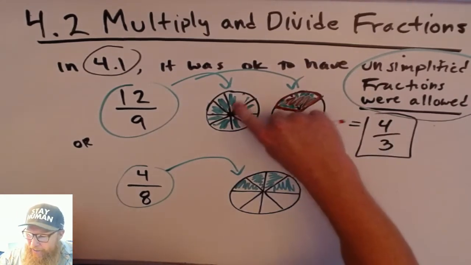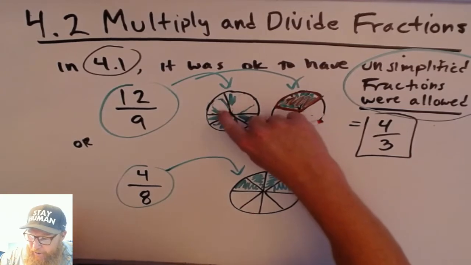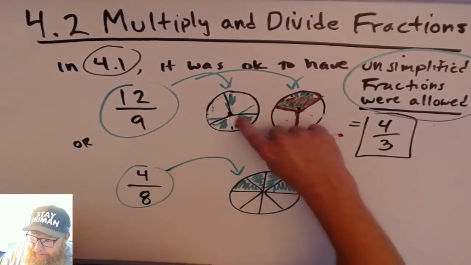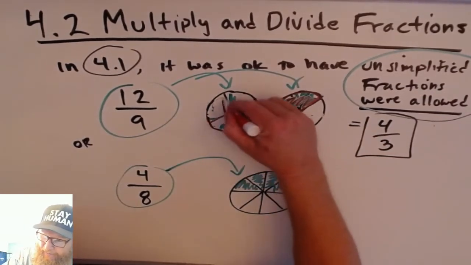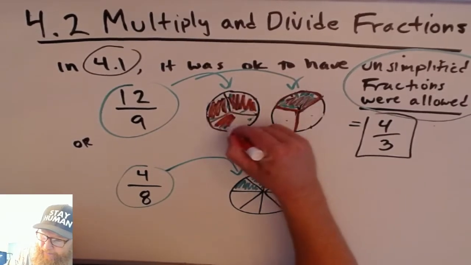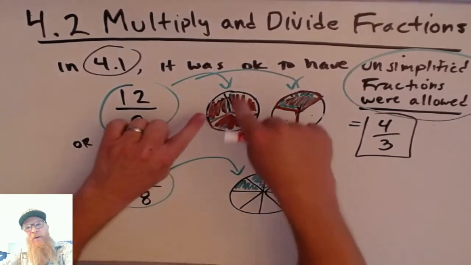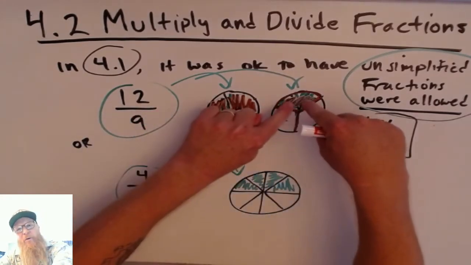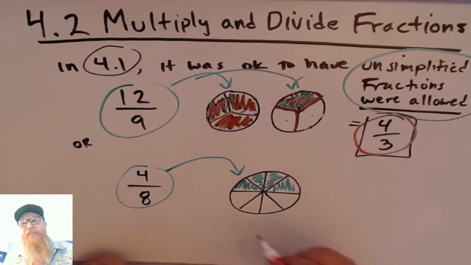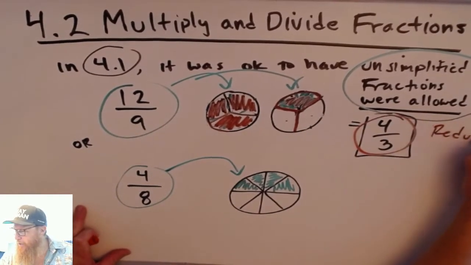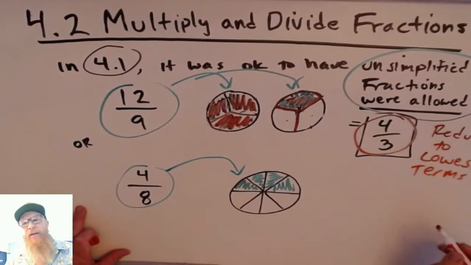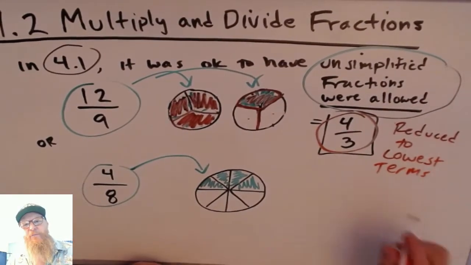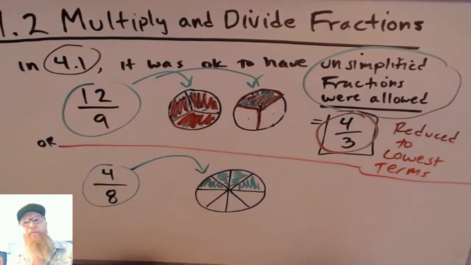And then over here, you can think of tearing down these walls and think of that as being cut into thirds. So this is 1, 2, 3 thirds plus 1 more third. And so the simplified answer is called 4 thirds. This is what we call reduced to lowest terms. So that would be what 12 ninths reduces to.